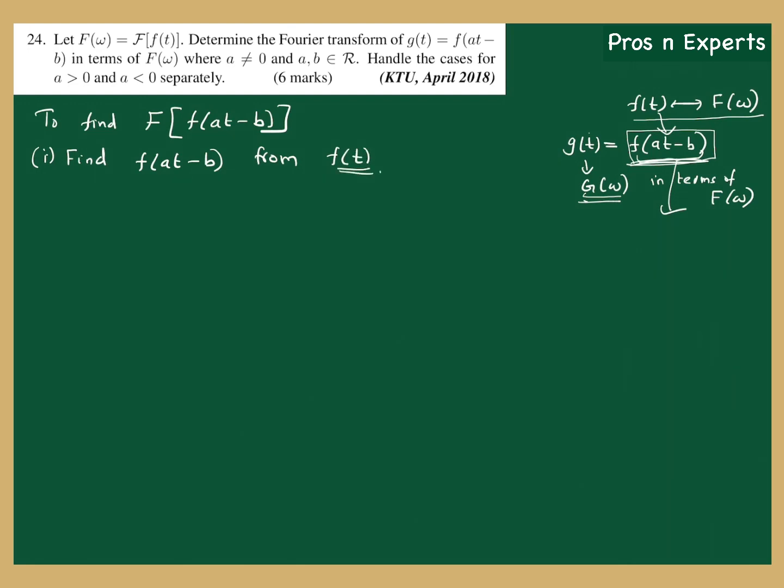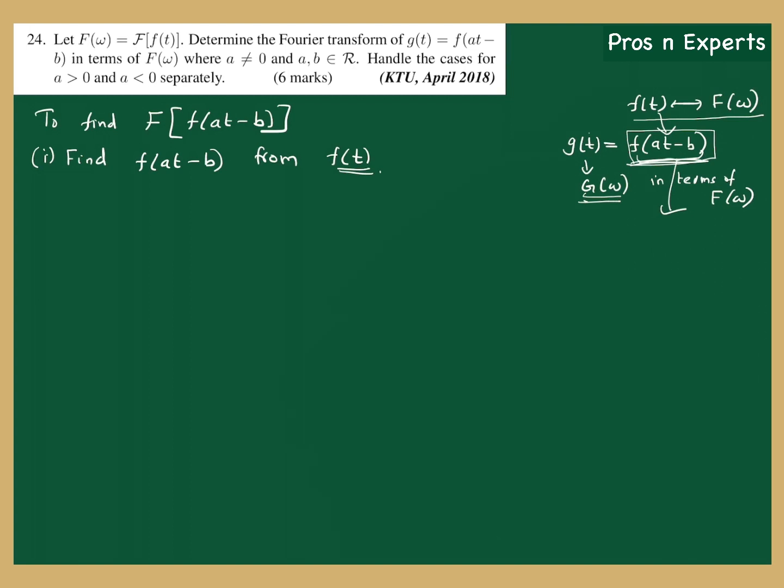Do you have any intuitions? F of at minus b from f of t. Have you heard of this anywhere? We have seen in the first module, the basics of signals, that to get f of at minus b from f of t, there are two signal operations. One is shifting and one is scaling.